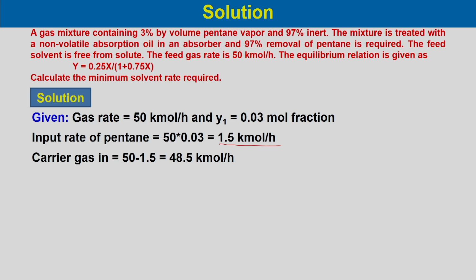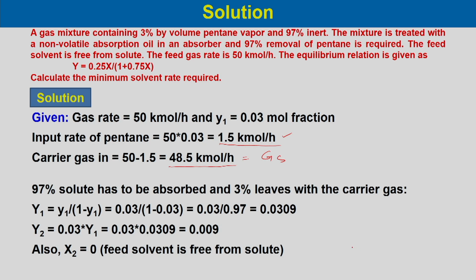The carrier gas would be 50 minus 1.5, so 48.5 kilomole per hour. That is the Gs, and this is the pentane flow rate. Now, 97% of the solute has to be absorbed and 3% leaves with the carrier gas.